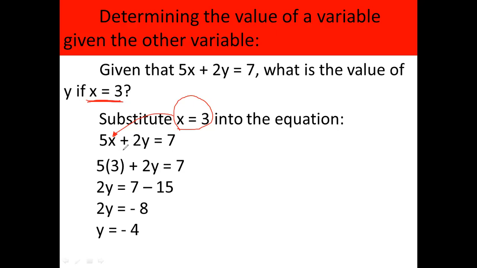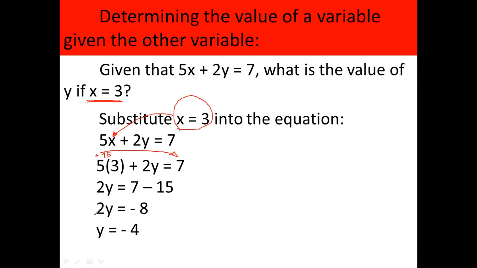Okay? So 5 times 3, you have here 15. And remember, your variables go to the left-hand side and your constants to the right-hand side. So transpose. All right, so you have 2y equals 7. Now, positive 15 transposed to the right becomes negative. So that is why you have 2y equals 7 minus 15. 7 minus 15 equals negative 8.